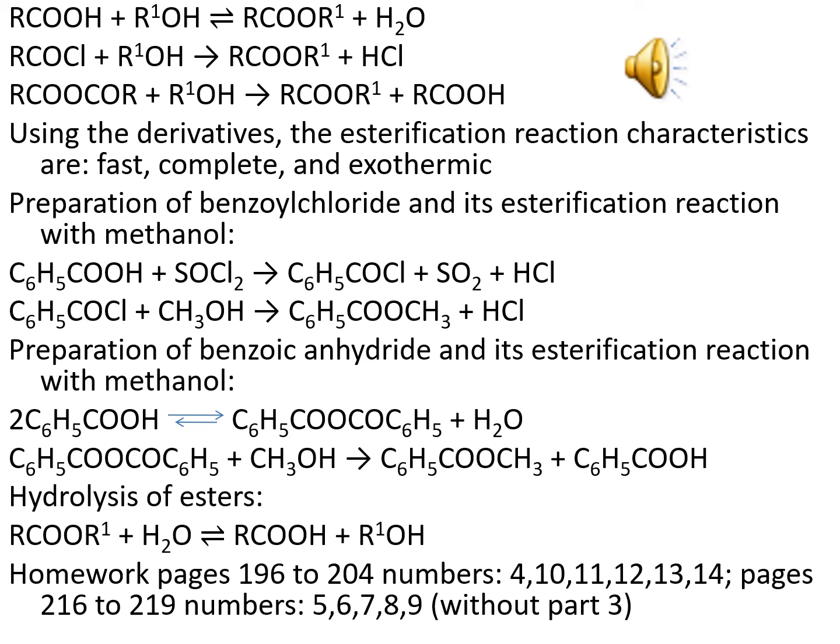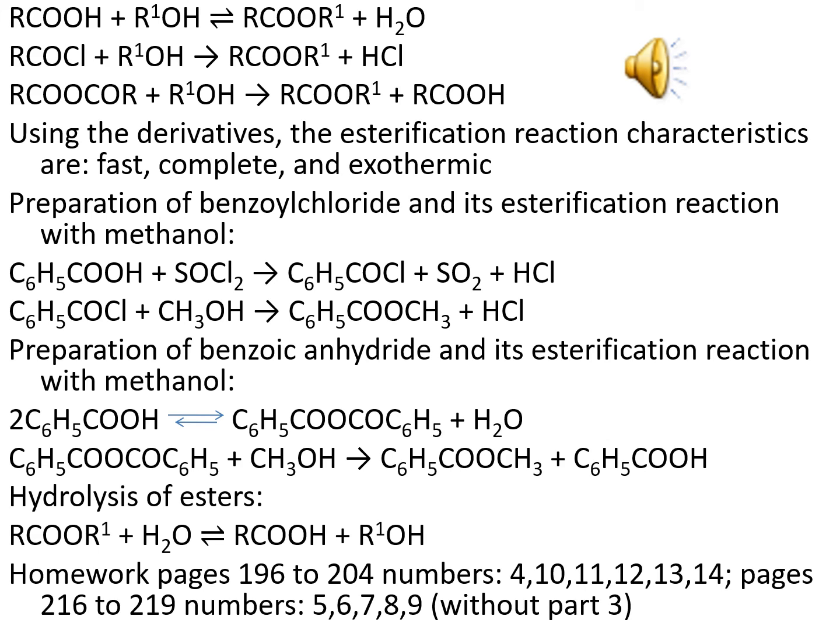Now, I'm going to present to you here the preparation of benzoyl chloride as a recap of the entire derivative lesson and its esterification reaction with methanol. Let's start with the preparation of the acyl chloride. Now recall, ladies and gentlemen, that the acyl chlorides can be prepared by either using thionyl chloride SOCl2 or phosphorus pentachloride PCl5. In both cases, we simply yield the derivative acyl chloride from the carboxylic acid.